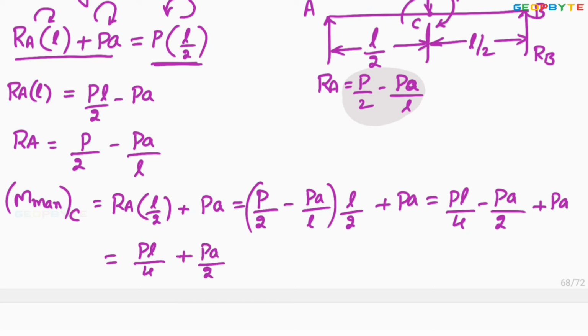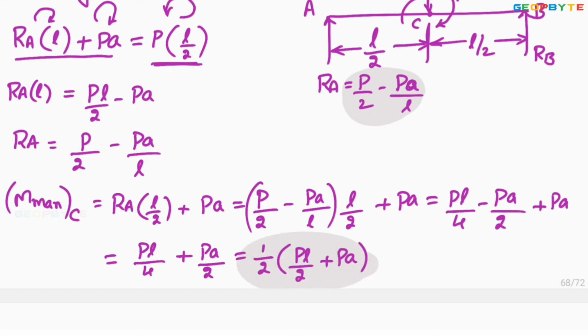Now from this, write the 1 by 2 outside. If I take the 1 by 2 outside, it is becoming PL by 2 plus PA. So this is the maximum expected bending moment.